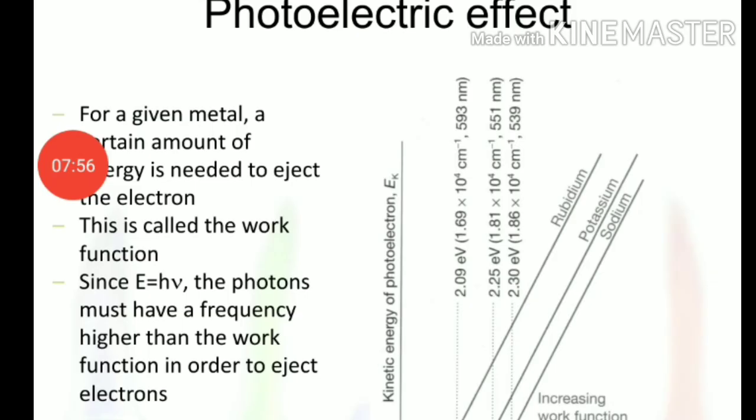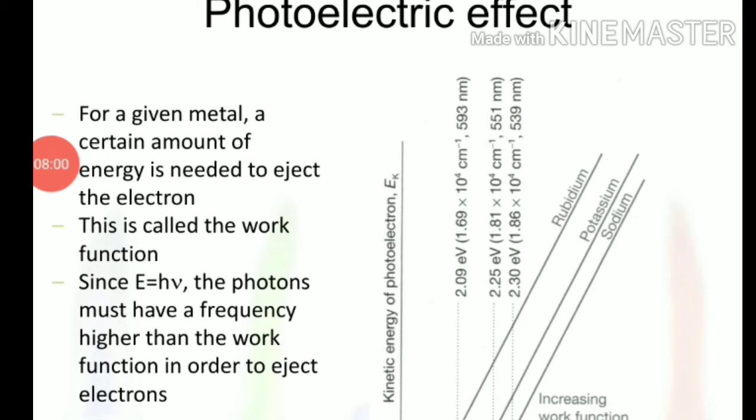Here Einstein says that a metal requires a certain amount of energy to eject electrons, and it is called the work function. Since photons have energy E is equal to h nu, for ejection of an electron it requires a frequency higher than the work function, as shown in the figure.